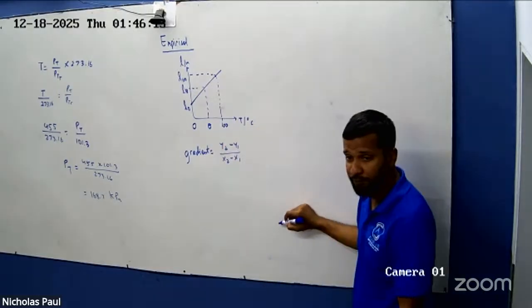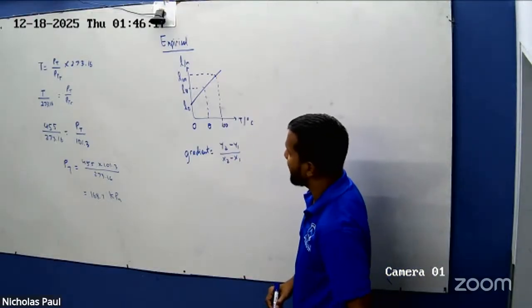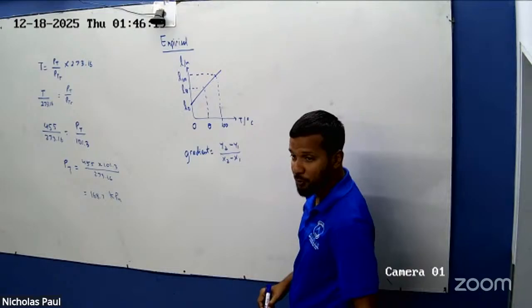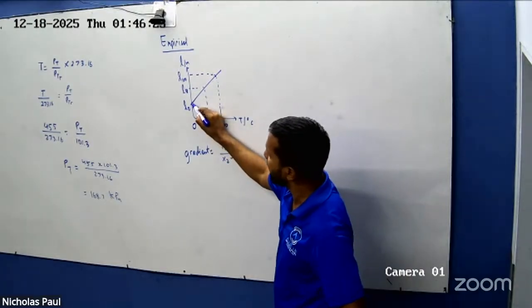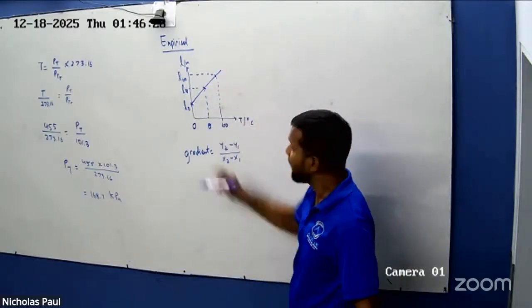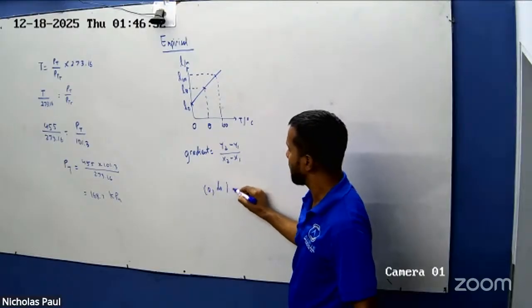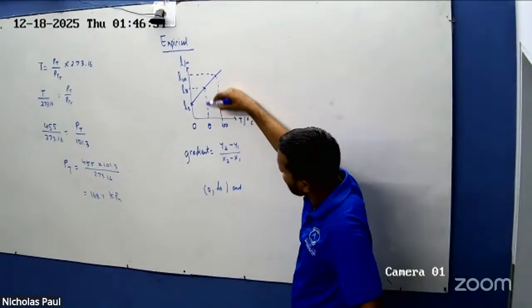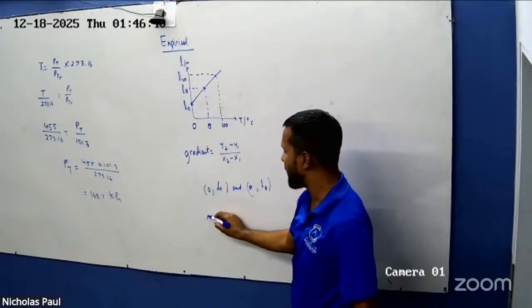Step number 1. Let's find gradient using this point and this point. That point there is 0, L0. And this point here is theta, L theta.